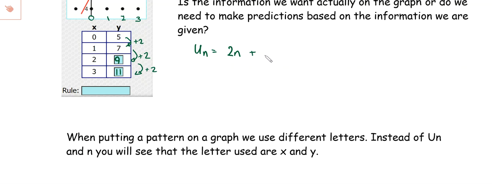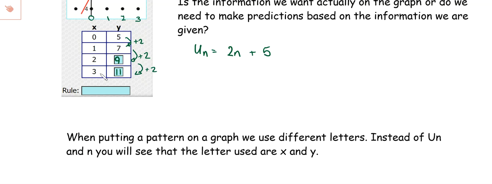This is where it changes slightly. Remember, we've never had a 0 before because the first number in a sequence is the first number, which is 7. So 2 lots of 1 is 2, so we actually need to add 1. No. 4. Nope, 0. Nope, 1. Nope. Listen to each other. 5. 5.